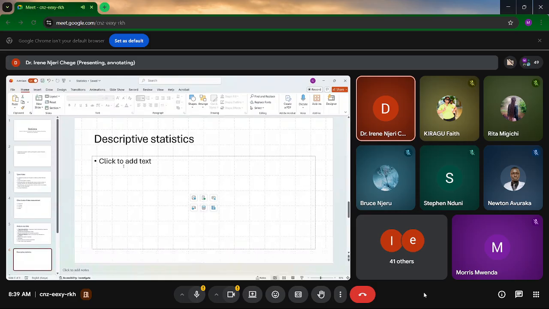And how does all this come in, by the way, when you're doing your research? Suppose you are collecting your data. Here I've seen someone who wants to do an assessment of anti-venom availability, treatment outcomes, gender differences in snake bite. Are you hearing this title? This title is like a book.